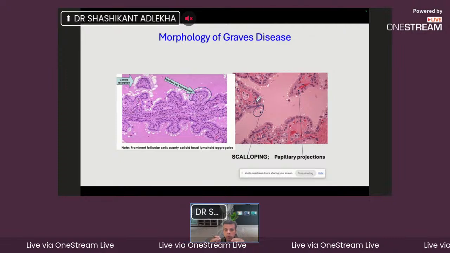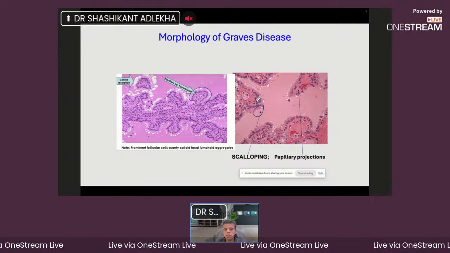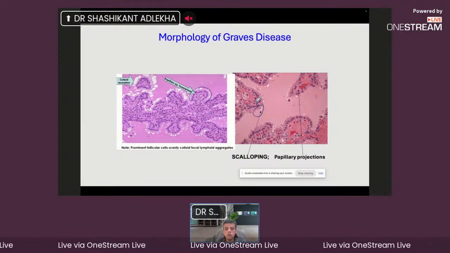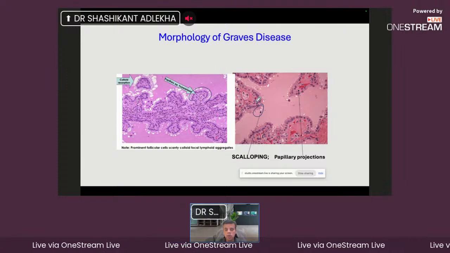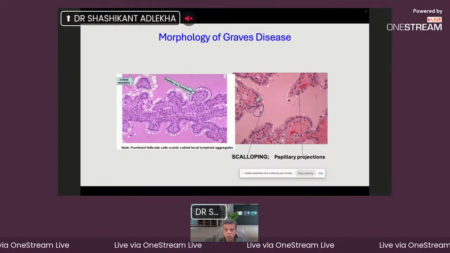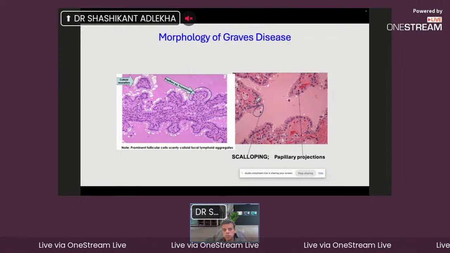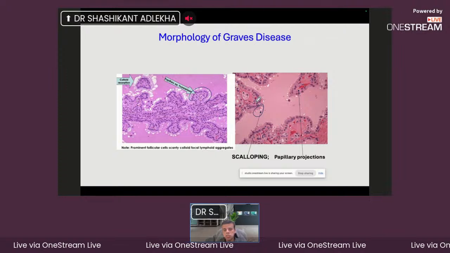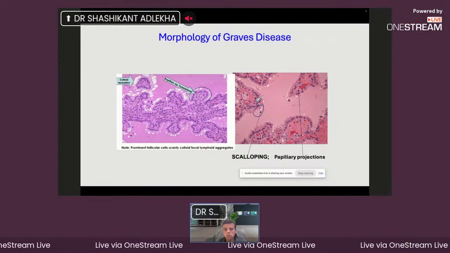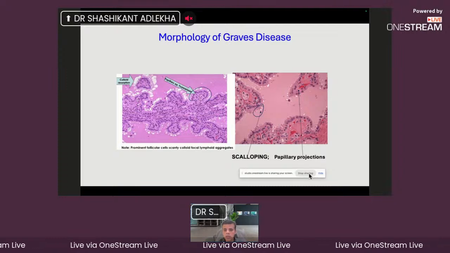The most specific antibody is the thyroid receptor antibody, which causes increased sensitivity of the TSH receptor to TSH, leading to increased T3 and T4 release from the thyroid parenchyma. We discussed the histological features: peripheral scalloping, papillary hyperplasia, and lymphocytic infiltrate. And there will be characteristically increased T3 and T4 with decreased TSH level. These are the key features of Graves' disease. So that's all for Graves' disease.